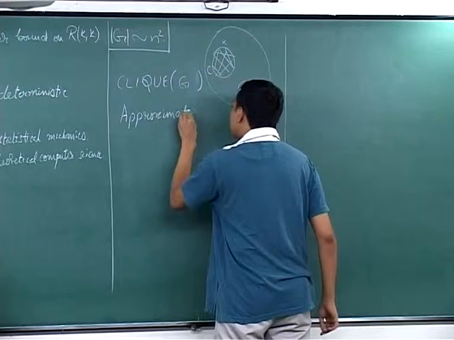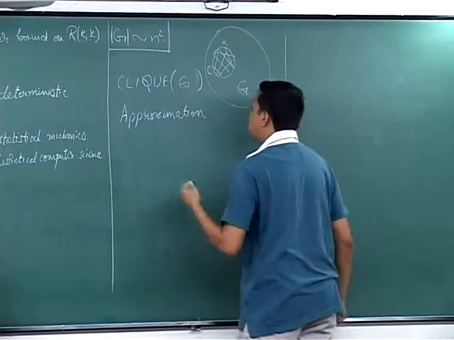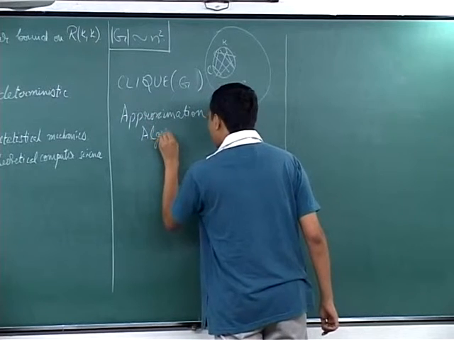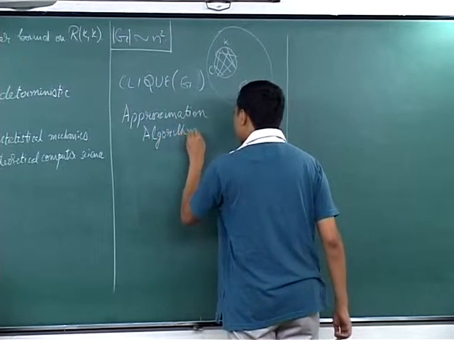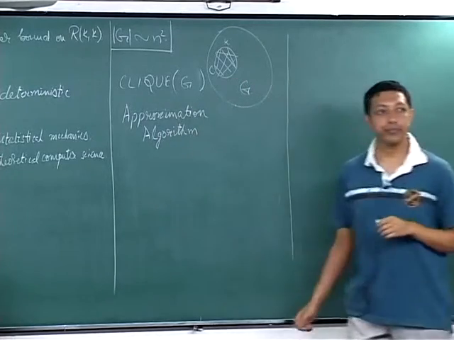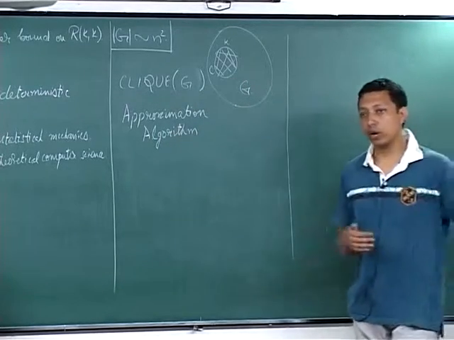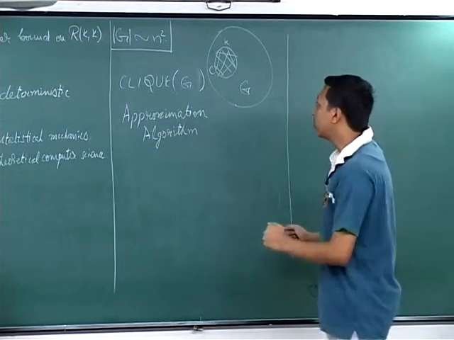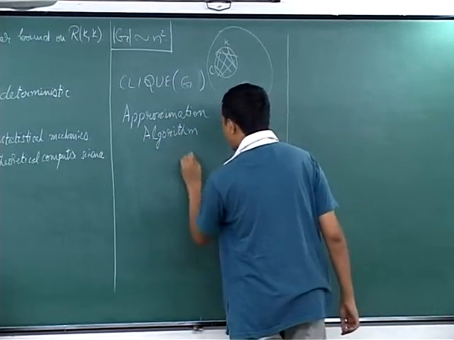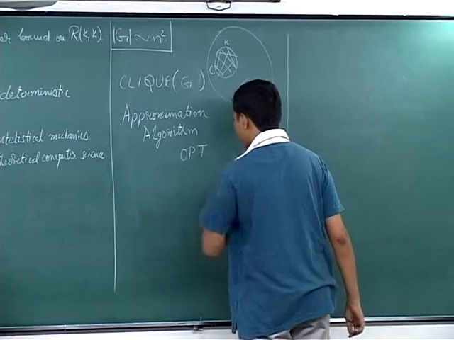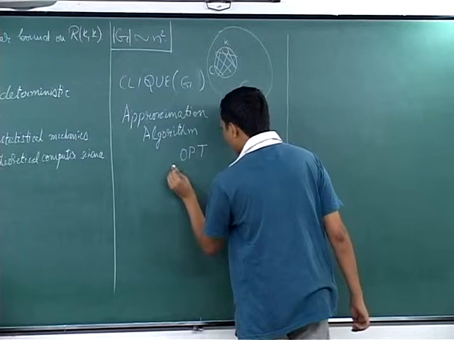So the idea is, maybe I can't find the maximum sized clique, but can I find a clique whose size is at least half the maximum? Or at least 1/3 or 1/10, or maximum divided by log n. So the point is, you have the maximum size, which is the optimum size, let's call it opt, and you have a ratio.